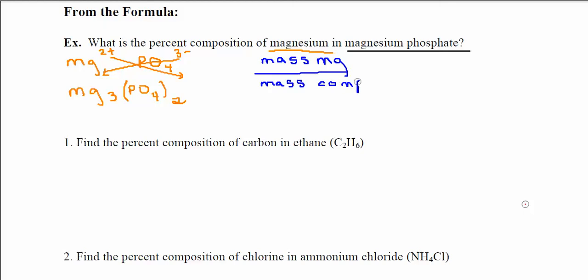Now, this is extremely similar to the mass calculation for percent composition that we just did on the previous page. The difference is that now, instead of being given masses, I have to look up the average atomic mass on my periodic table. So I'm going to do that right now. Magnesium has an average atomic mass of 24.31. And I need to divide that by the mass of my entire compound, which is Mg3(PO4)2.